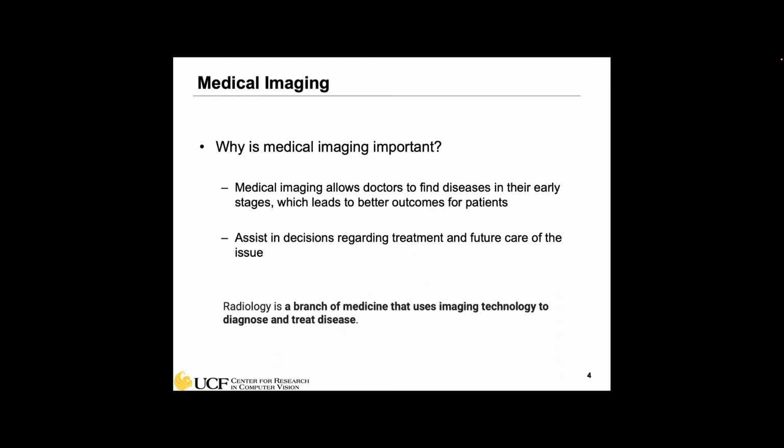Radiologists have to look at a lot of scans and images on a daily basis. They have a lot of experience and expertise, so they're able to make treatment decisions. But if we can come up with AI algorithms that help them quickly make accurate decisions, that could alleviate a lot of their burden. So that's what this course is about.